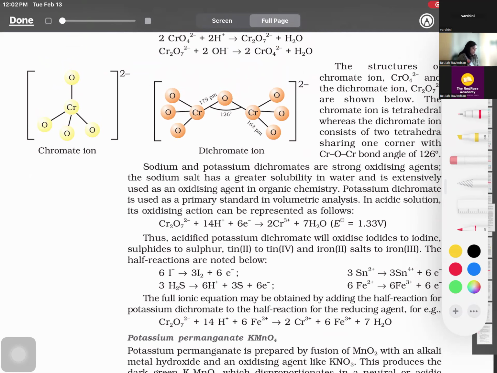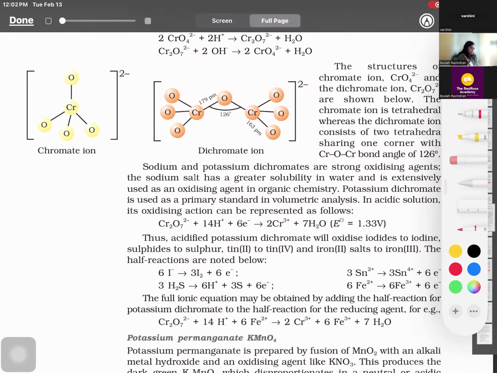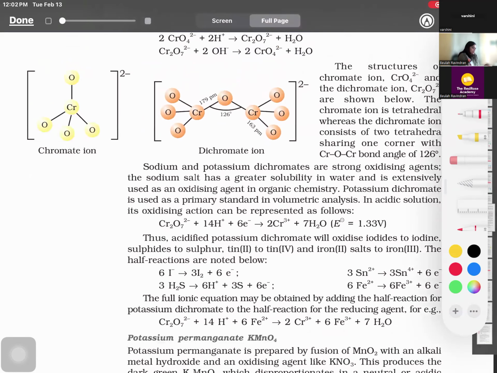So many reactions are given, but in this it is not given clearly. So here the structure is discussed, and then I'll give you the reactions. You just put the heading as chemical properties.